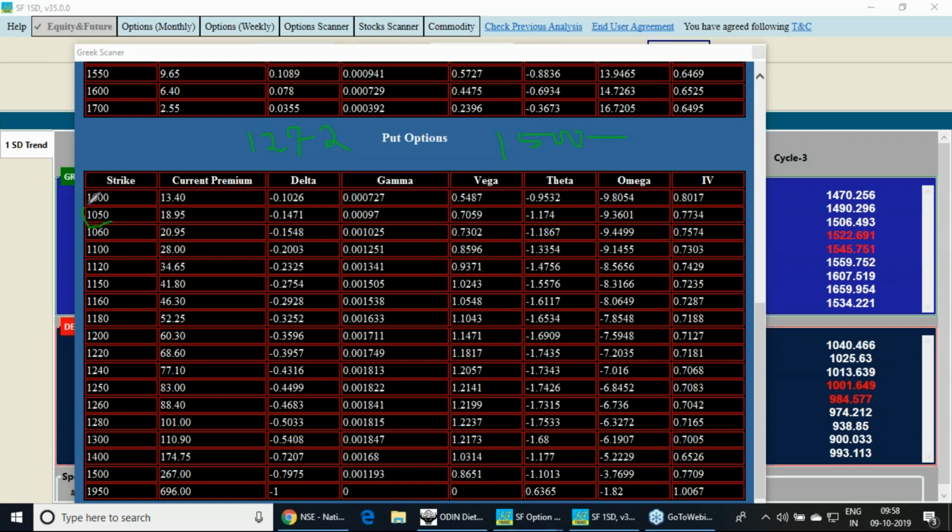Currently we are at the 1250 level. Great correction: 1050 means it can correct 200 points.